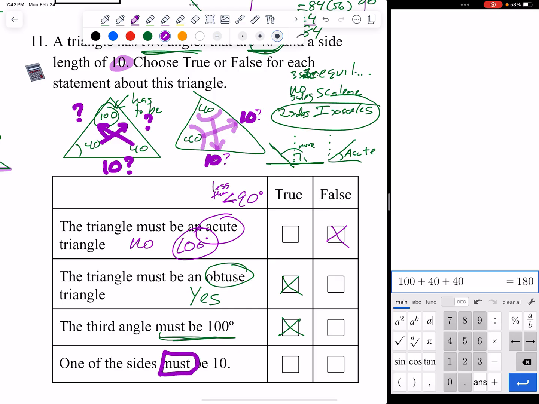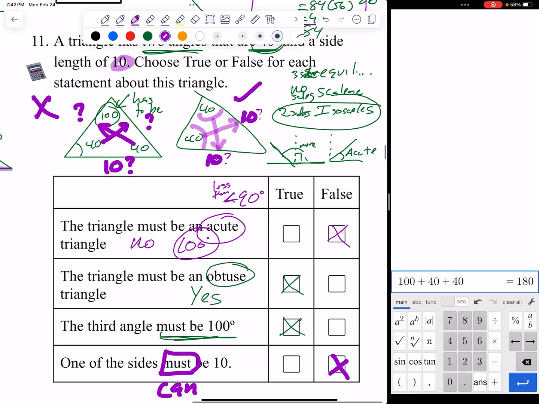The trick is, it says it must be. No, it can. So this one is going to be false. Okay? So right here, doesn't work. Right here, it does. But again, it didn't tell me where the 10 was, so I can't say for sure that it has to be. All right, tricky questions there.